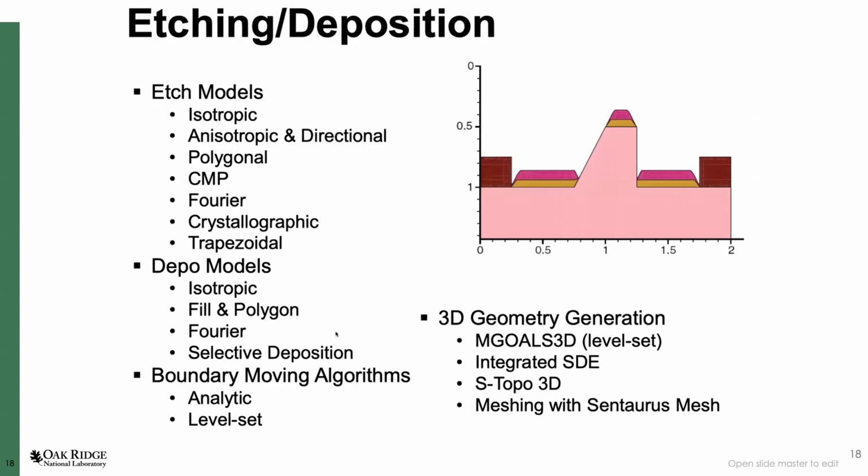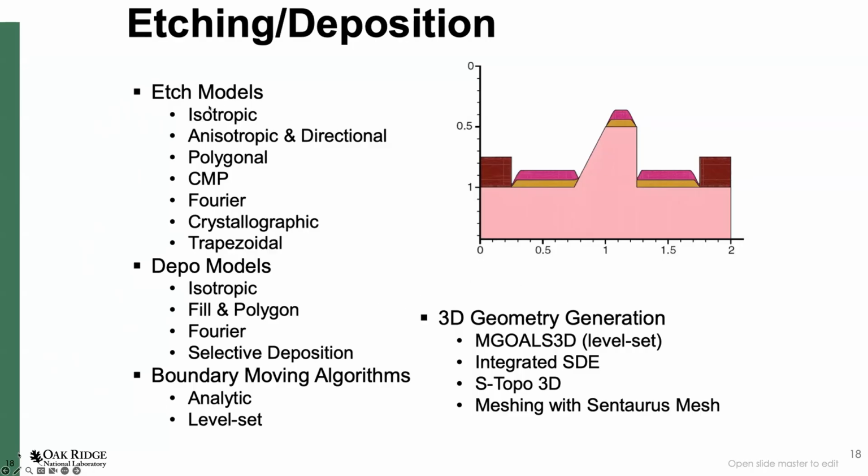Most interesting maybe is the etching and deposition. Even when you're building a structure from a geometrical point of view, you want to use these kinds of tools because it's going to give you a more realistic surface. There are obviously all the things you can do at a geometrical level to a wafer.